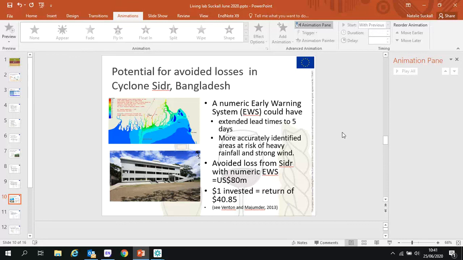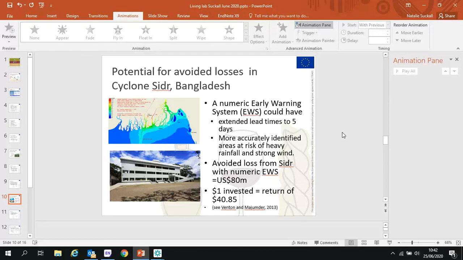In terms of evaluation and using this particular method to calculate avoided losses on the back of weather and climate information, a lot of the literature and studies we come across do focus on early warning systems. There's not so much on the seasonal timescales, which is something Natalie and I picked up on in the work we're doing in ARRCC.